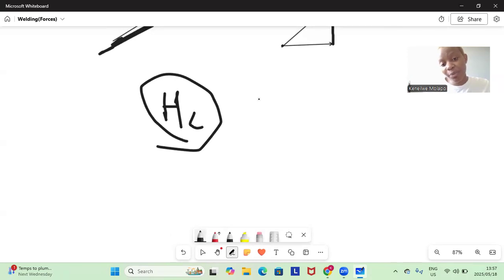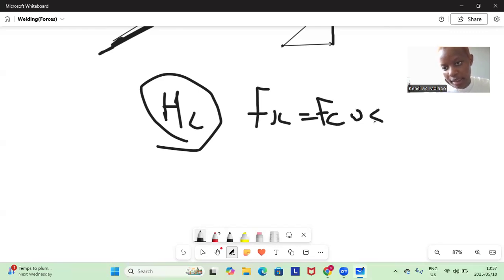Your horizontal component is your x, so it will be Fx equals F, the force that will be given on that triangle, F cos of an angle, which I will say is theta. F cos theta.